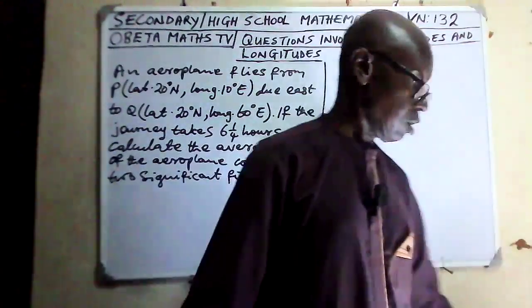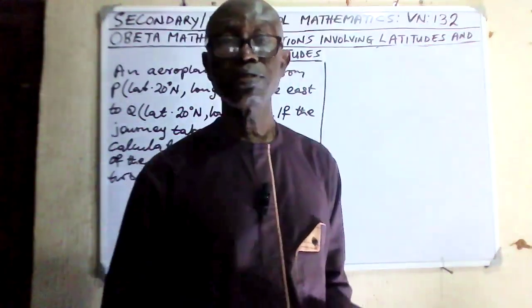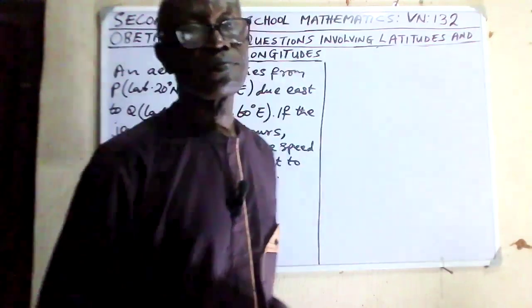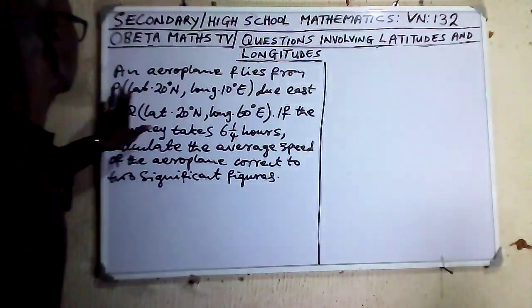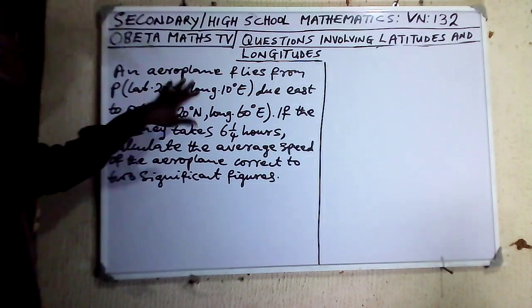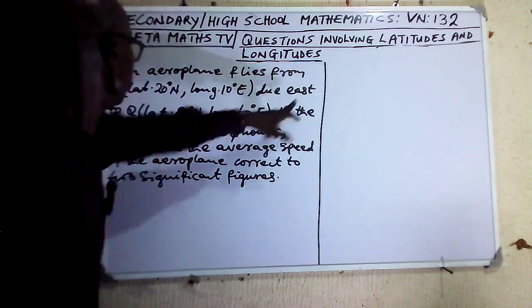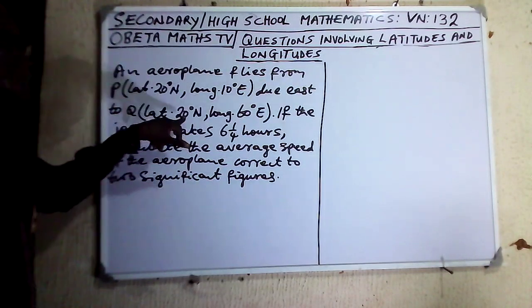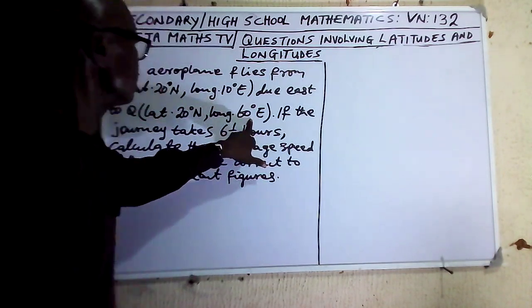Now the last question we have on the board says an aeroplane flies from P, latitude 20 degrees north, longitude 10 degrees east, due east to Q, the same latitude but longitude 60 degrees east.